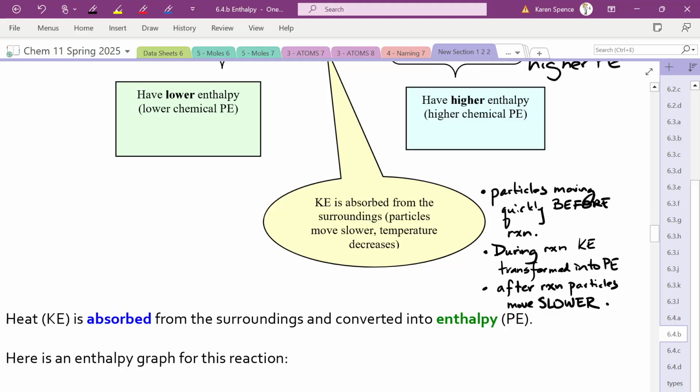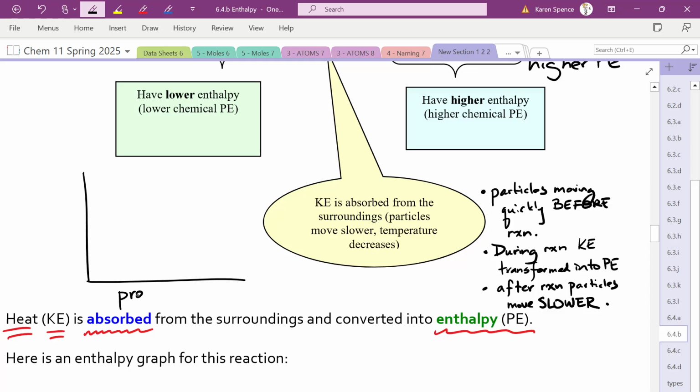So heat has been absorbed. Heat, which is our kinetic energy, is absorbed from the surroundings. It's those moving particles. And it is converted into enthalpy, which is our potential energy. And so here is our graph for that. What goes on the x-axis of our graph? Yeah, direction of reaction.